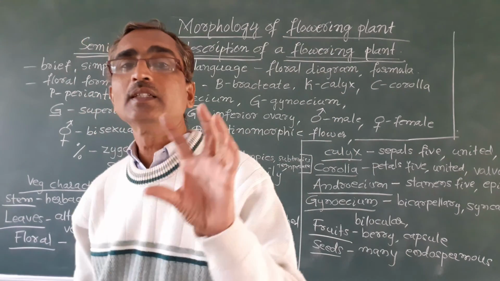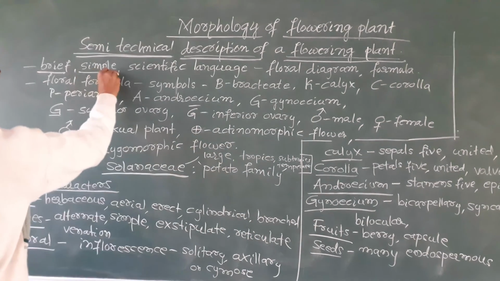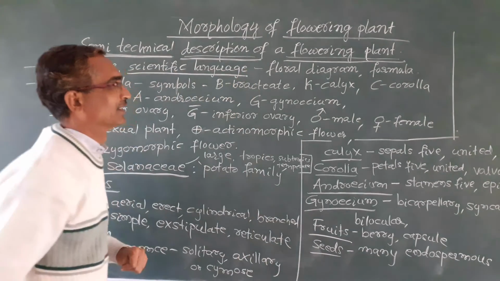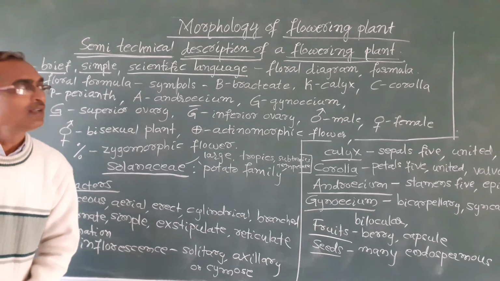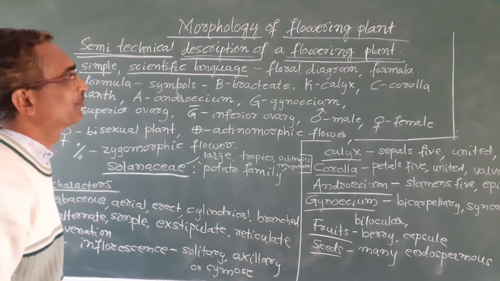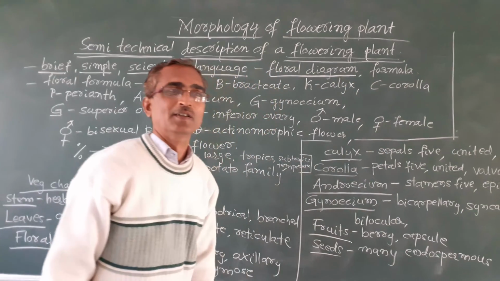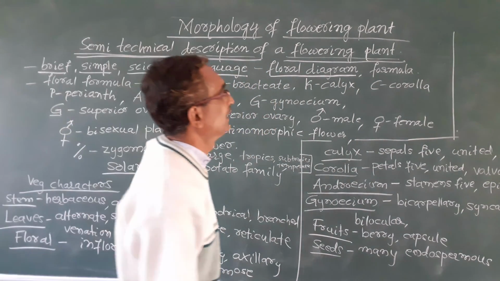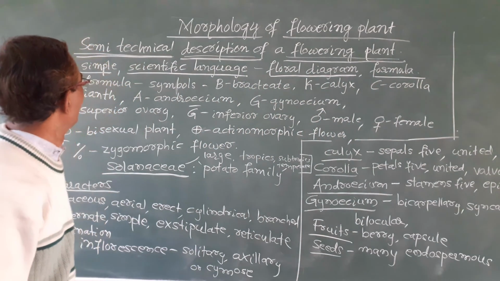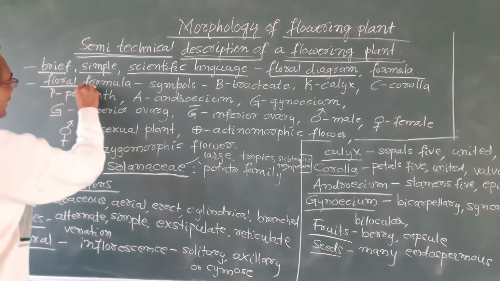This description should be simple and brief, meaning short, and it should be in scientific language. This technical description of a flowering plant involves a floral diagram, a vegetative description, and a formula.